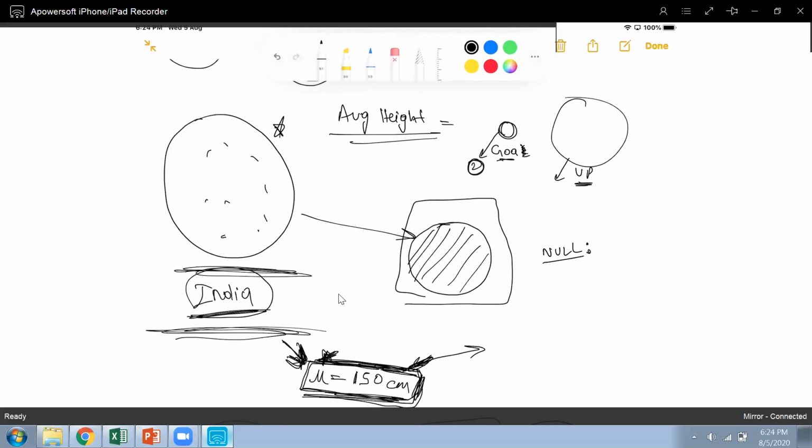When I was talking about the heights of the people in India, what is the null hypothesis? Mu equal to 150. Correct? Mu equal to 150. And what would be my alternate hypothesis? Mu is not equal to 150. Okay.